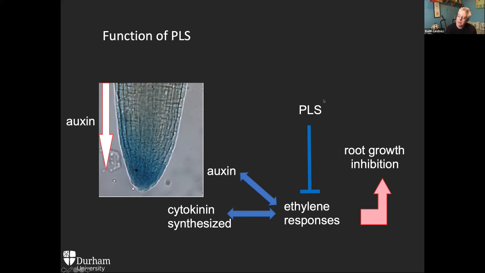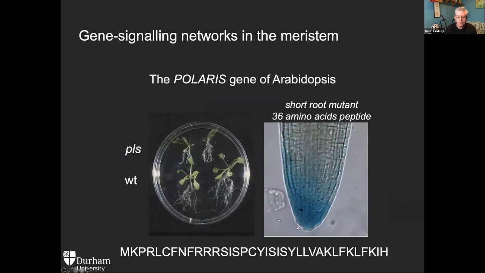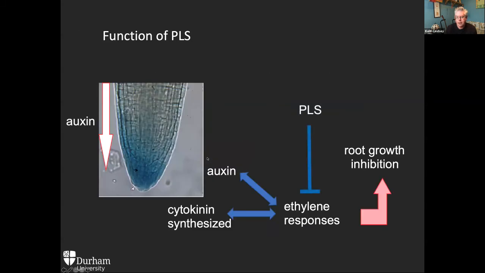So when you lose that Polaris function, when you mutate it, you get too much ethylene and you get the short root that we saw in the mutant here. This has too much ethylene signaling going on, so it's a short root. And the Polaris peptide is acting to limit that inhibitory process.